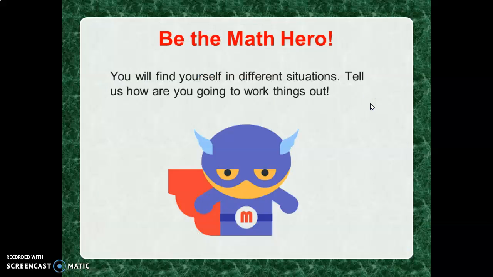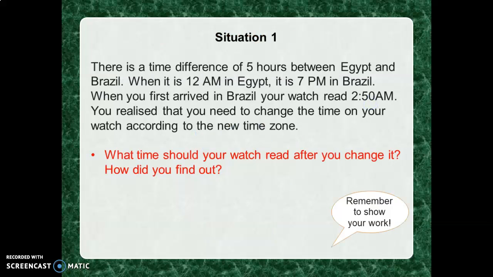First part is be the math hero. You will find yourself in different situations. Tell us, how are you going to work things out? This will walk you through to a couple of situations that you'll find yourself in, and you need to figure out what you need to do.